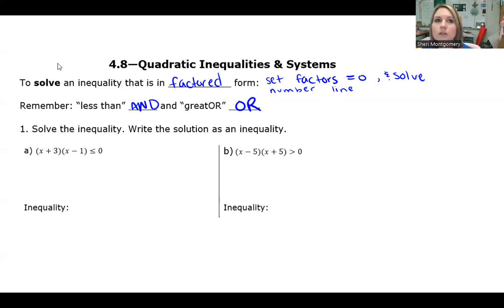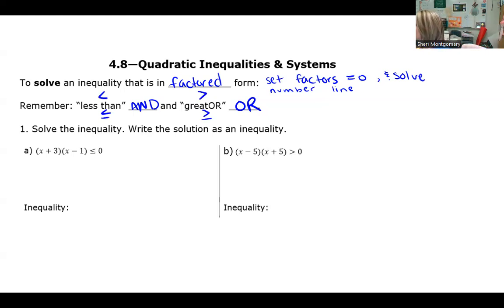So this is when we're solving. When we're solving these, looking at the inequality symbol, we're going to use and or. So when we look at this symbol, is that less than or greater? Less than. So let's go ahead and give ourselves a reminder that less than symbol looks like that, greater symbol looks like that. And again, it doesn't matter if it's also got the equal to.